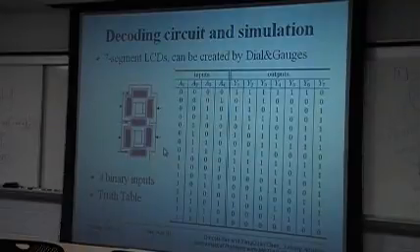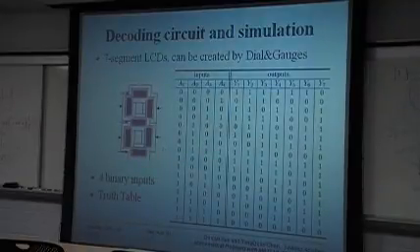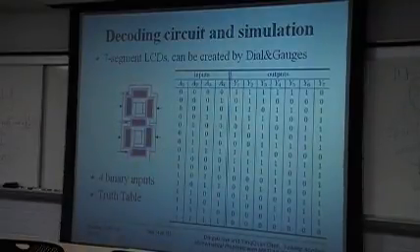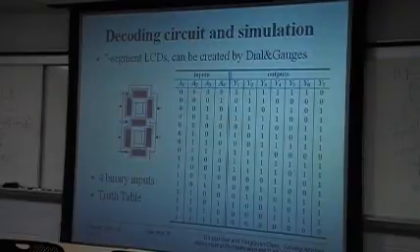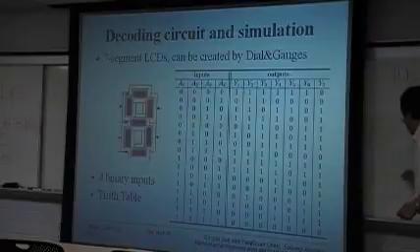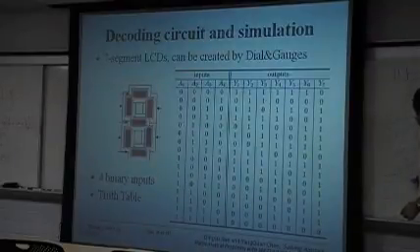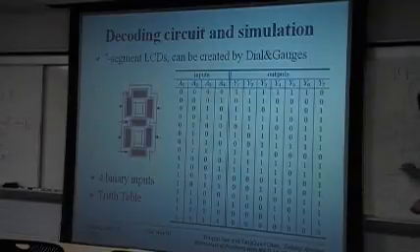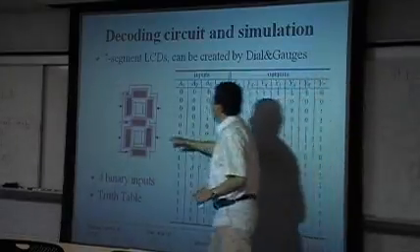Suppose there is a 7-segment LCD and there are 4 channels of binary input signals. How can we decode the signals and display the results using LCDs like this?